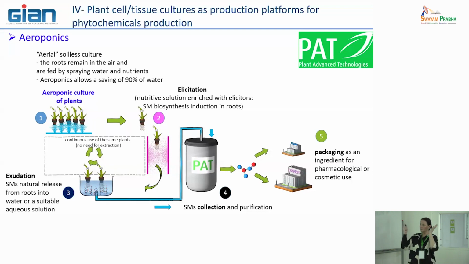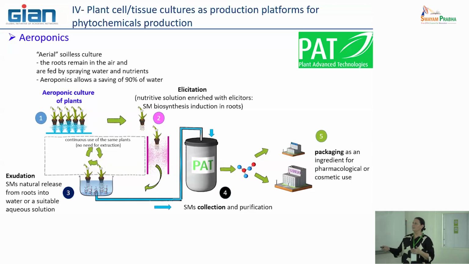But you have to select the good plants. Then you make an aeroponic culture of plants, a traditional one without anything. And when you have enough root biomass, you can enter this plant in this workflow in order to produce the metabolic pathway.